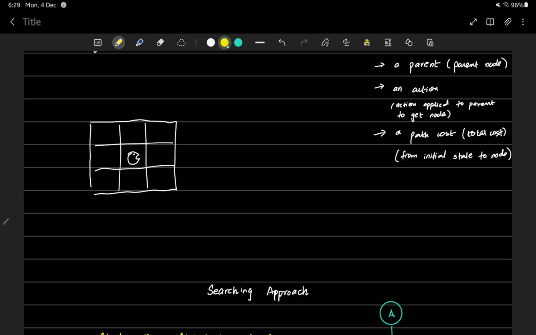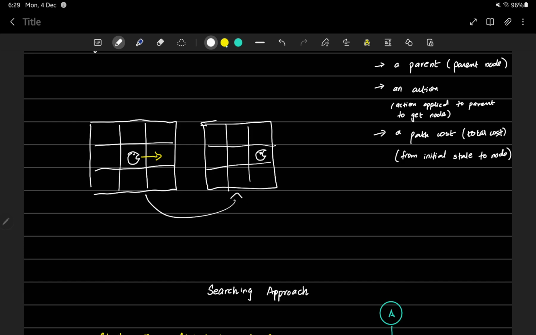So if an agent takes this choice, right, and it actually ends up here, then I will say it took the right action, like towards the right. If it would have moved upwards, I would say that it took the towards up action.